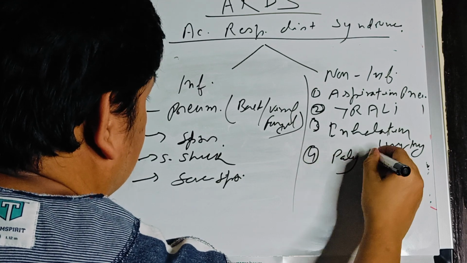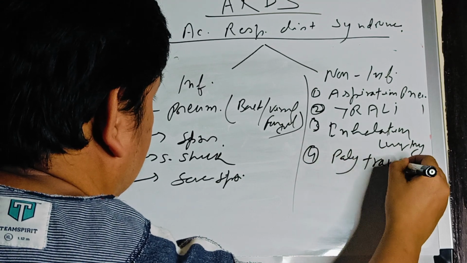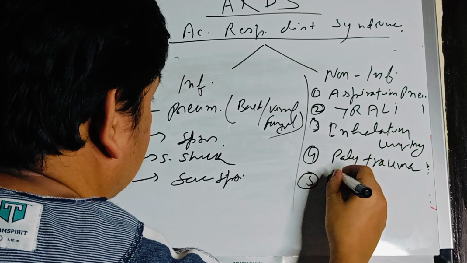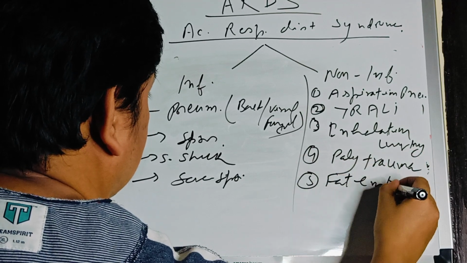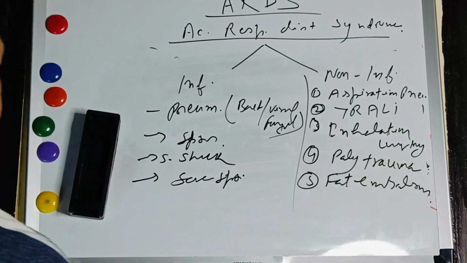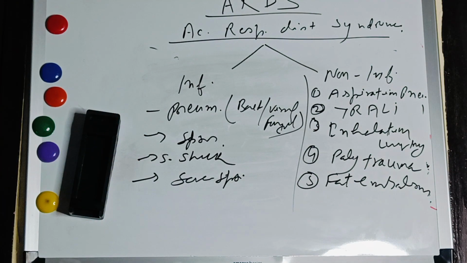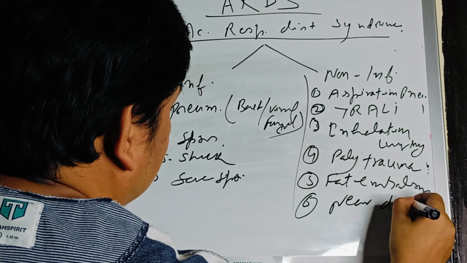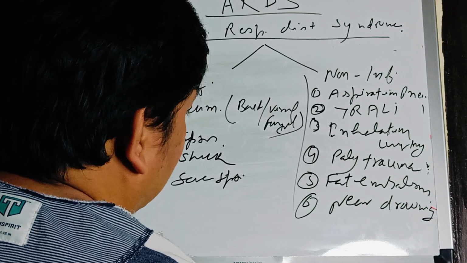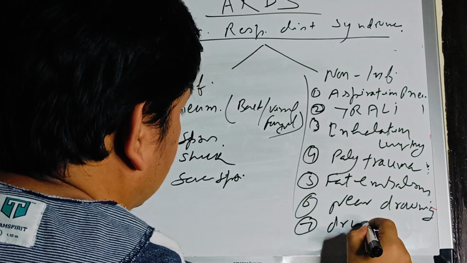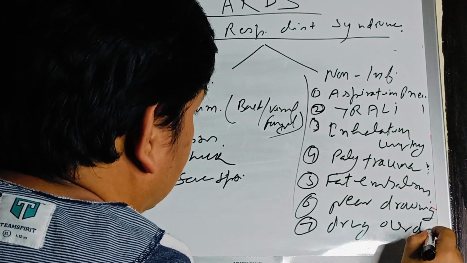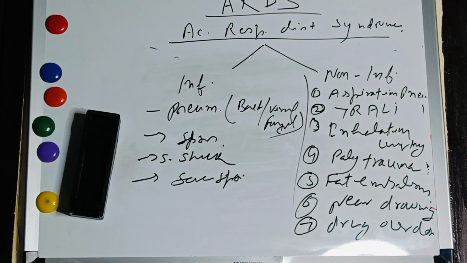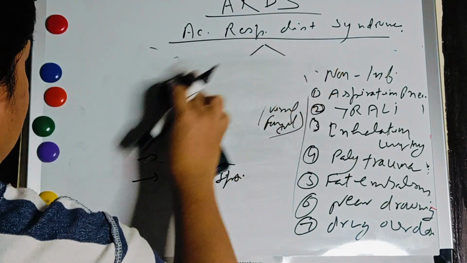Polytrauma, fat embolism. There are various other causes also, like near drowning, drug overdose. So these are various causes of ARDS.